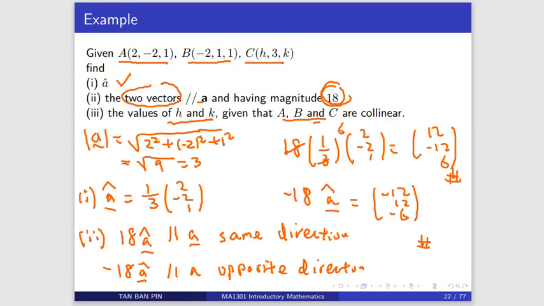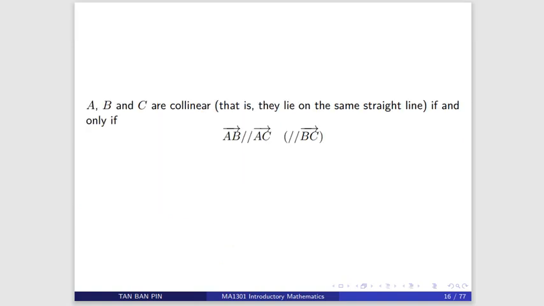Next, we will look at part 3 to find the values of h and k given that A, B, C are collinear. To solve this, you will make use of the fact that if 3 points A, B, C are collinear, then AB is parallel to AC and also parallel to BC.